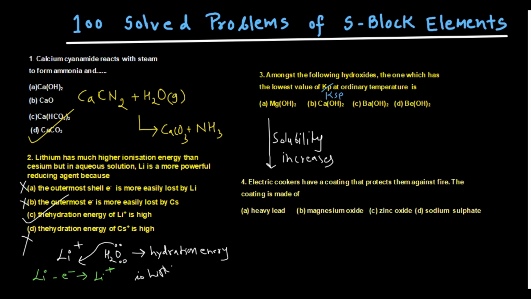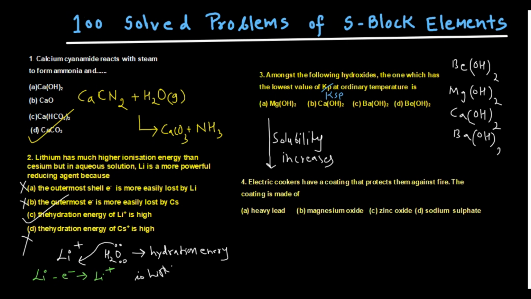It simply means, first you will have beryllium hydroxide, and after beryllium you will have magnesium hydroxide. After magnesium hydroxide you have calcium hydroxide, and after calcium hydroxide you have strontium hydroxide, but it is not given in the question. Then you can write barium hydroxide.